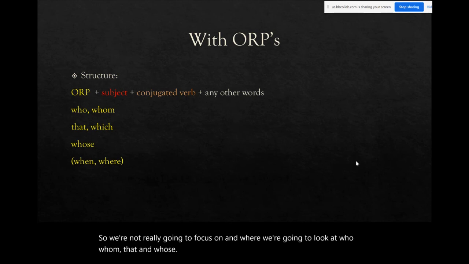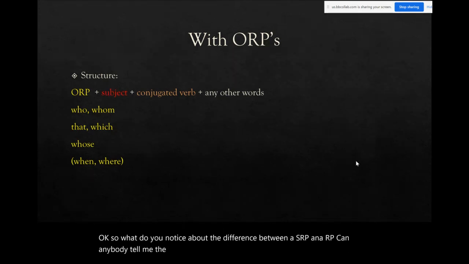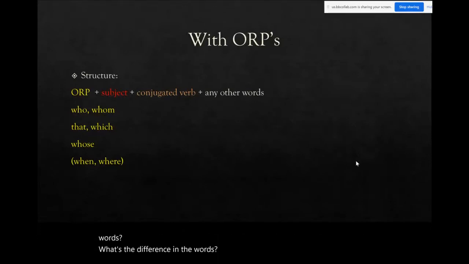Okay, so what do you notice about the difference between an SRP and an ORP? After you see these yellow words, what's the difference in the words?